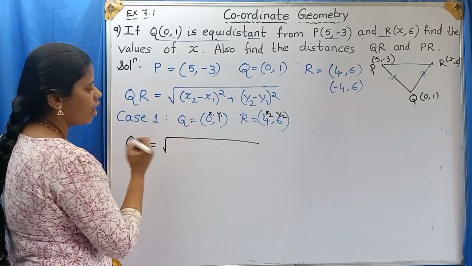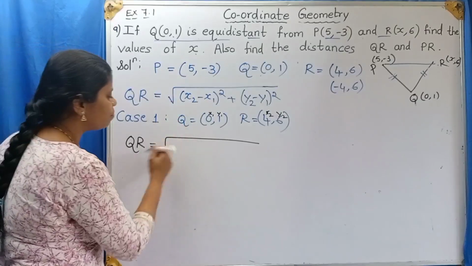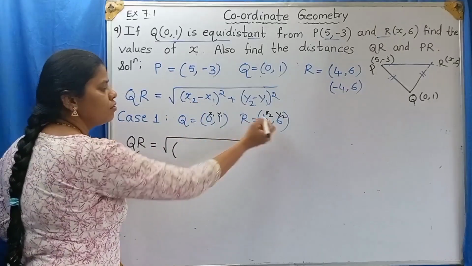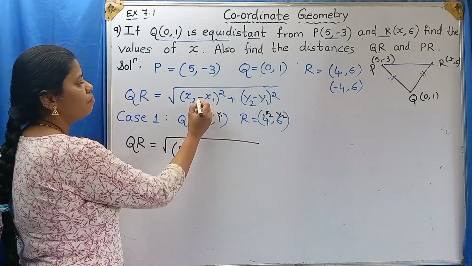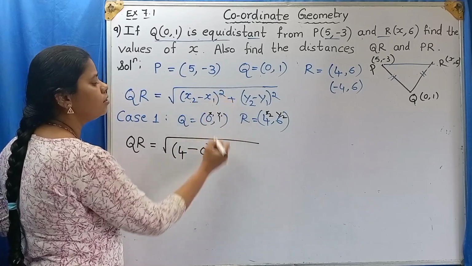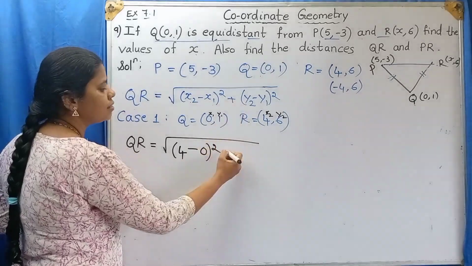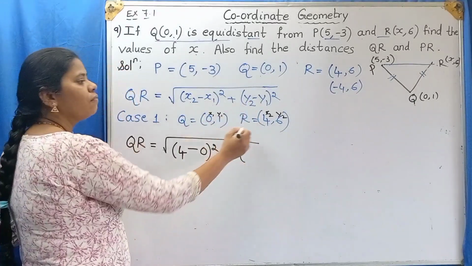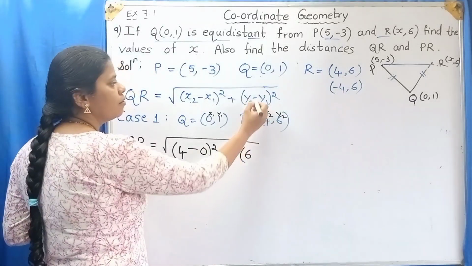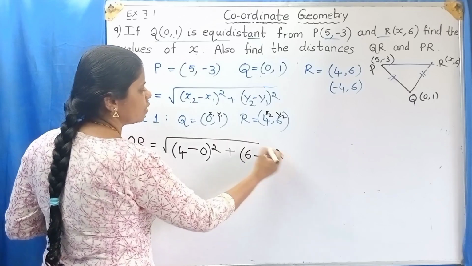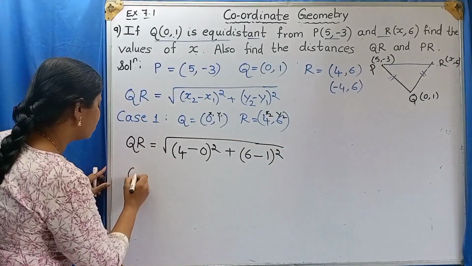Square root of, already I have written square root of, bracket open, x2. The value of x2 is 4. 4 minus x1 is what? 0. 0 the square. For this plus, bracket open, y2. The value of y2 is 6. Minus y1 is what? 1. The whole square. Okay.